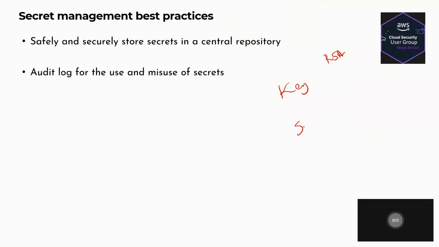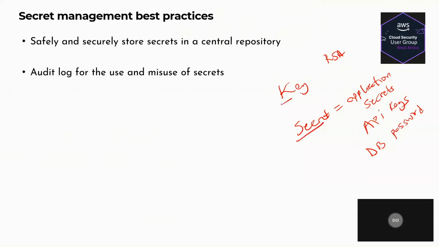A secret in this case refers to application secrets, like an application password, database password, or API keys. All of those are considered secrets. An API key, even though it has the word key, is a secret because it's just like a password. A database password or database connection string are also secrets. So there's a difference between a secret and a key, which is generated using a cryptographic algorithm like RSA.